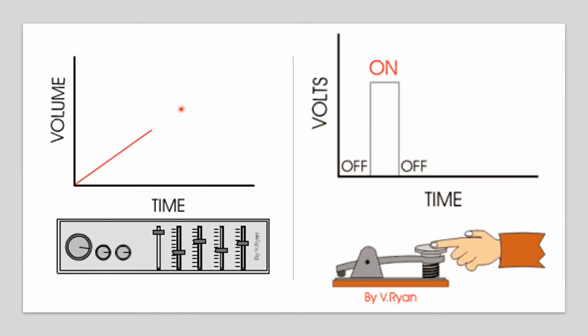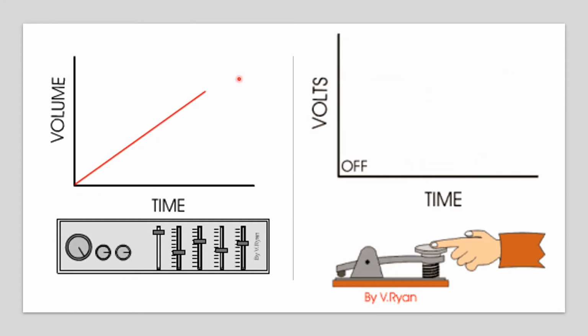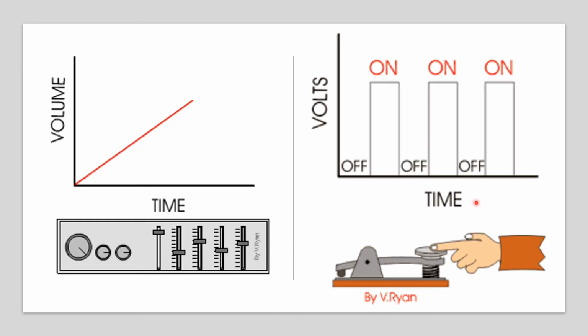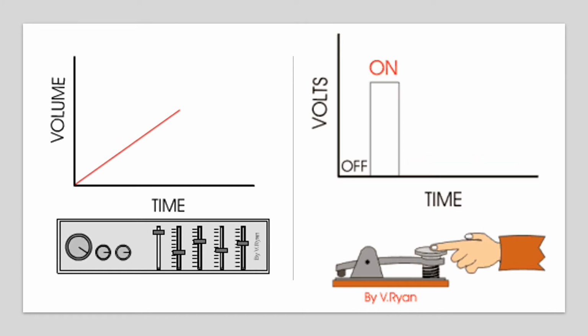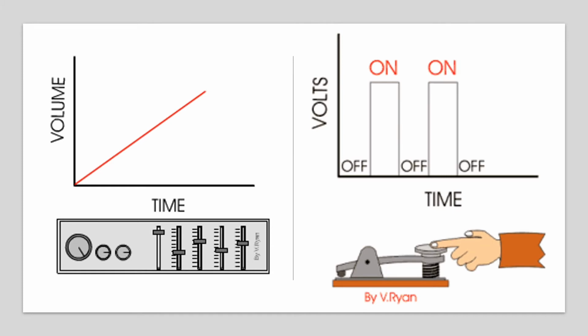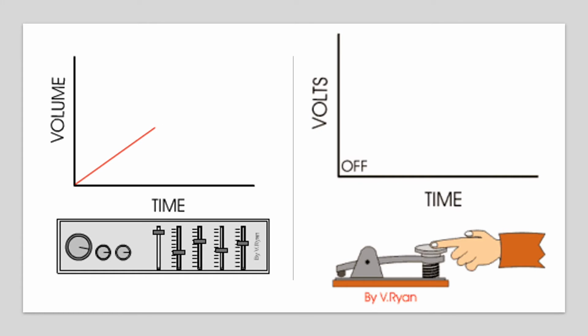And this is the graph of a digital signal or digital quantity. There are only two values. Either the signal is maximum or the signal is minimum. So the device can be either on or off. So this is the graphical difference between digital and analog signals.